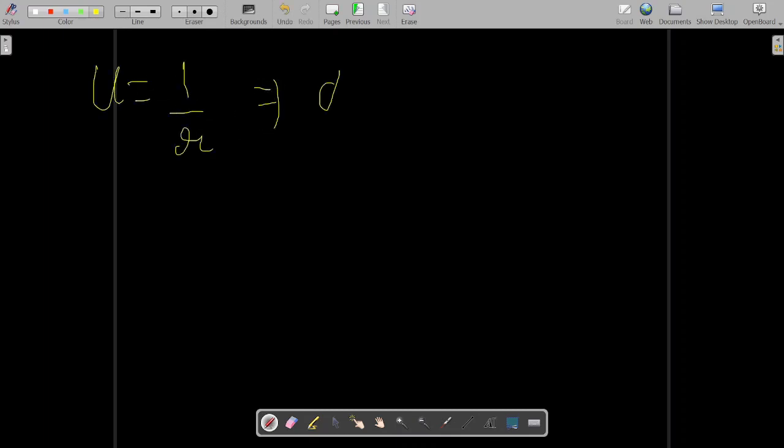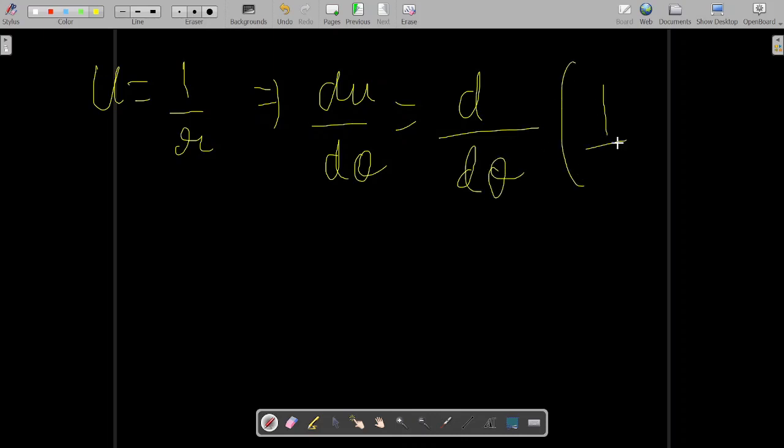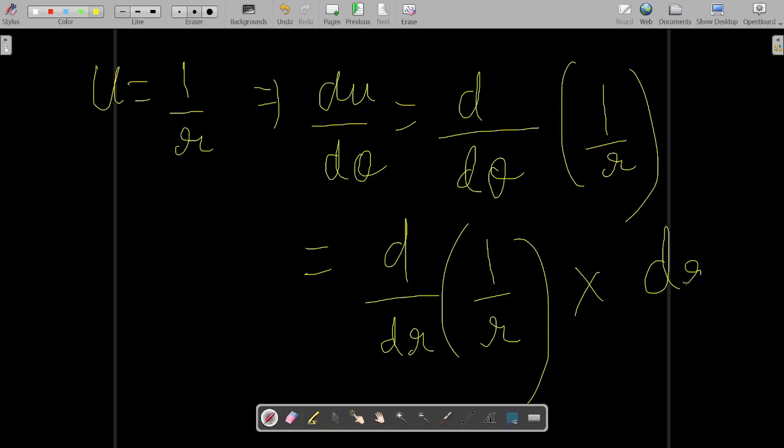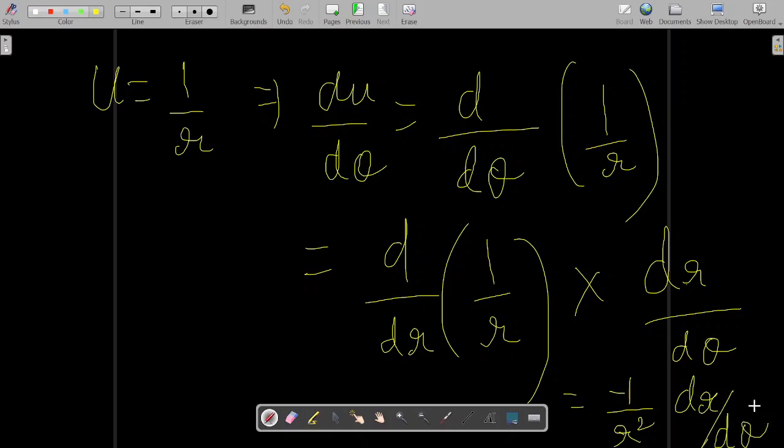So your du by d theta will be equal to d by d theta of 1 by r, which in turn is d by dr of 1 by r into dr by d theta. So what will this be equal to? Minus 1 by r square dr by d theta, right?